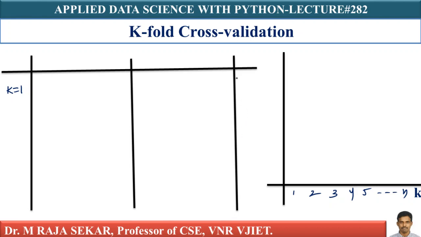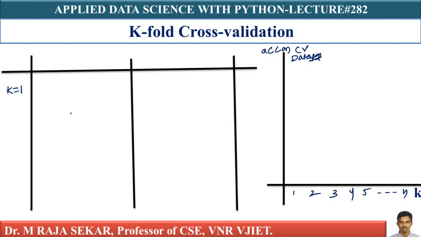On the y-axis, accuracy on the cross-validation data set. We need to plot this, isn't it? This is the plot that we need, because once I get this plot, I can easily determine the right k.